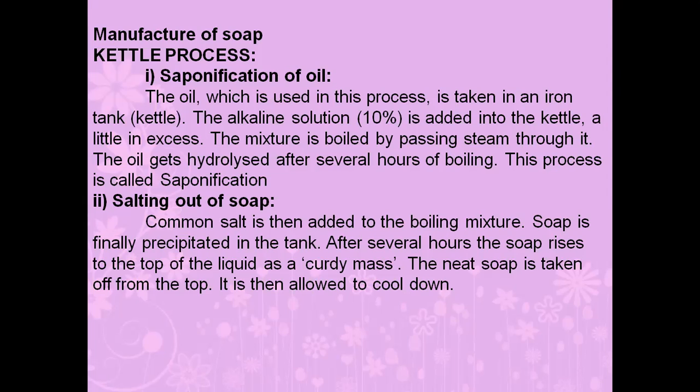After a few hours the soap rises to the top of the kettle, that is very soft and sticky. After we cool the mixture we can get the soap. So this is the manufacture of soap.